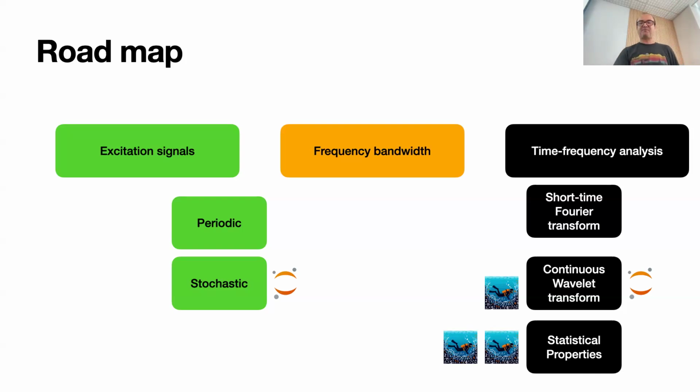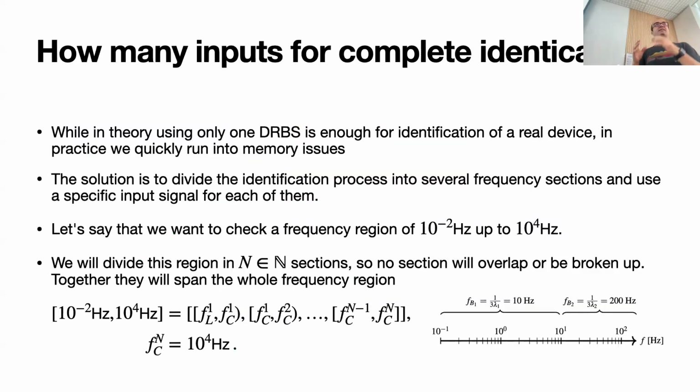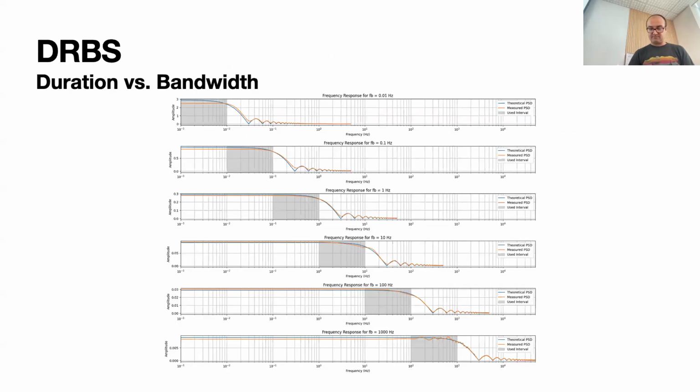We have time. So, as I showed you, all of the signals that we generate have power spectral density from almost 0 to the bandwidth that we selected. This would mean that all I need is this signal, because the starting bandwidth is at all points the same.